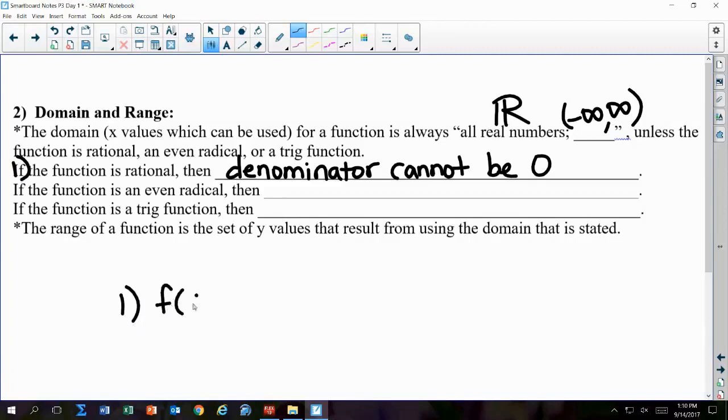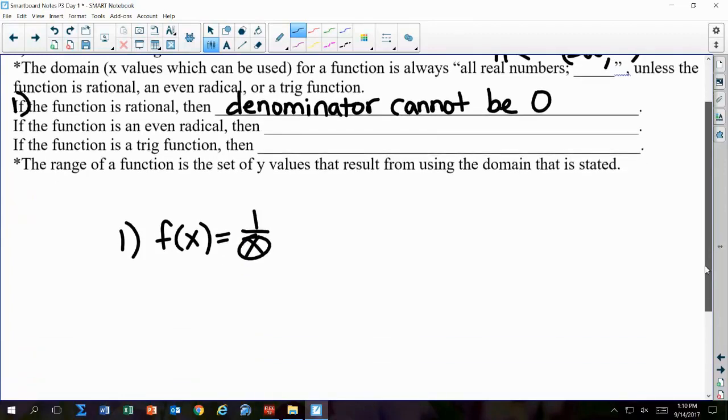What this means is if I've got a rational function like 1 over x, what would be the problem with the value in the denominator being 0? Can't divide by 0, right? You would get undefined. I don't want an expression that's undefined. So when I'm talking about a rational function or a function with a fraction, I want to make sure that bottom expression does not give me a value of 0.